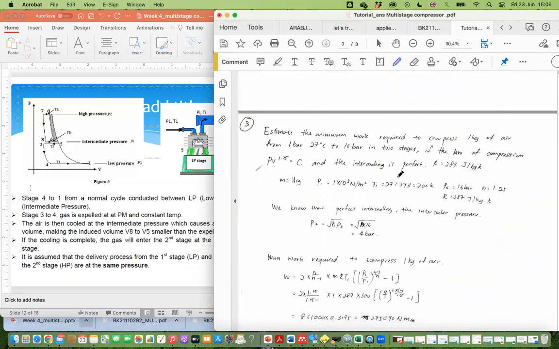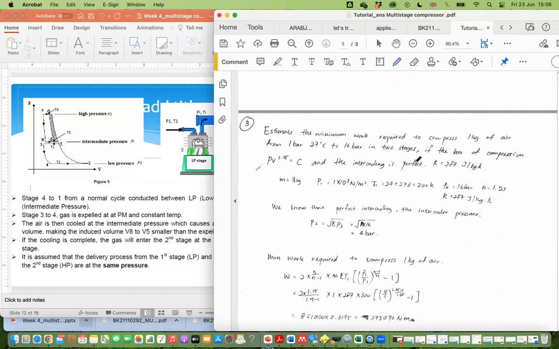So next: estimate the minimum work required to compress 1 kilo of air from 1 bar, 27 Celsius to 16 bar in 2 stages, if the law of compression is this and the intercooler is perfect.